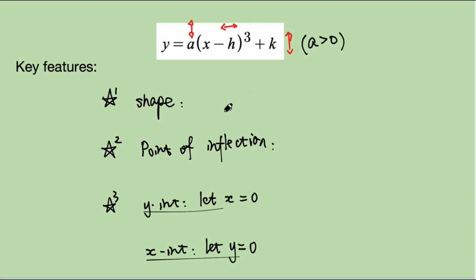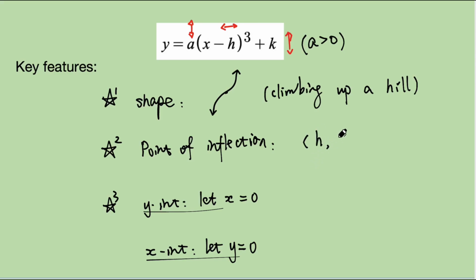For the shape, it is still climbing up a hill when a is positive. Then the point of inflection, the flat point, will be (h, k). And for the y-intercept we let x equal 0, and for the x-intercept we let y equal 0.